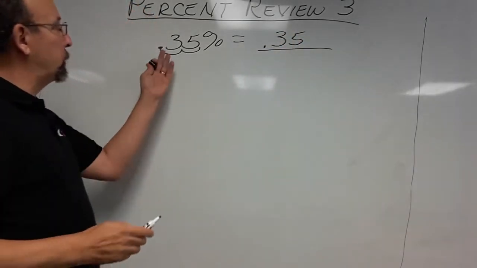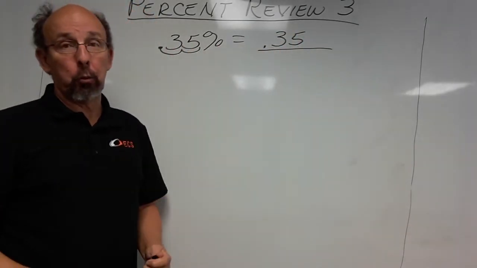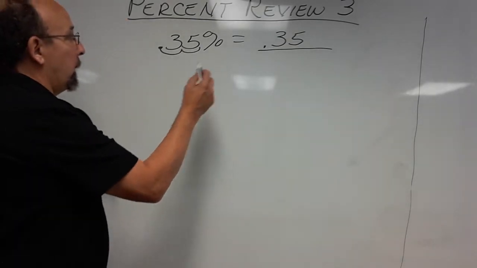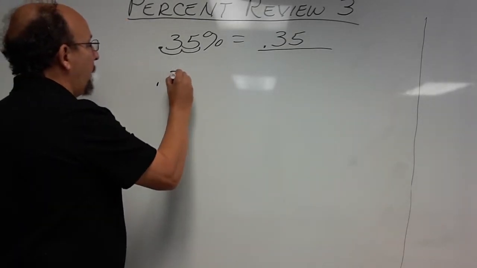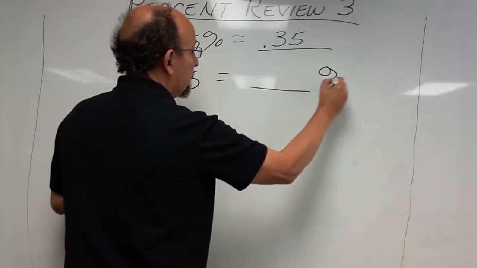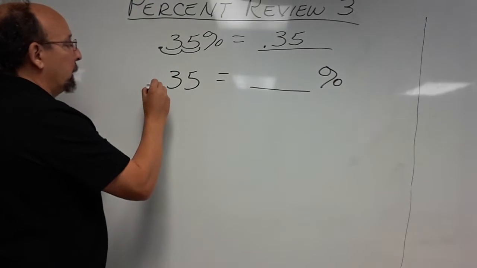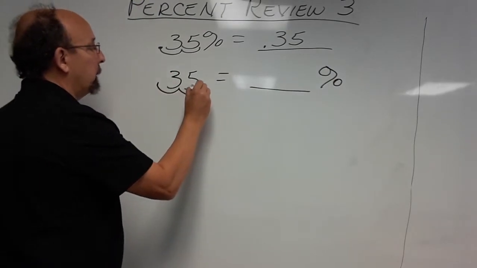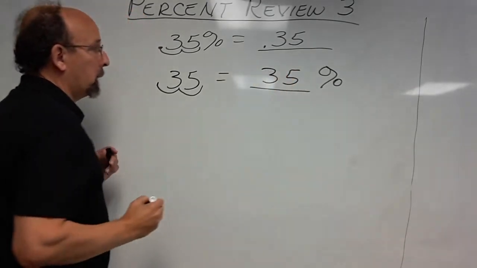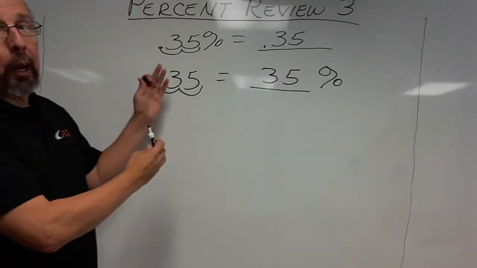So if we're going to use this percent, we have to use it as a decimal, and we're going to use 0.35. Now, if I have 0.35 and I want to change that to a percent, I'm going to move the decimal place 2 places to the right and put a percent sign. So it becomes 35%. Back and forth.